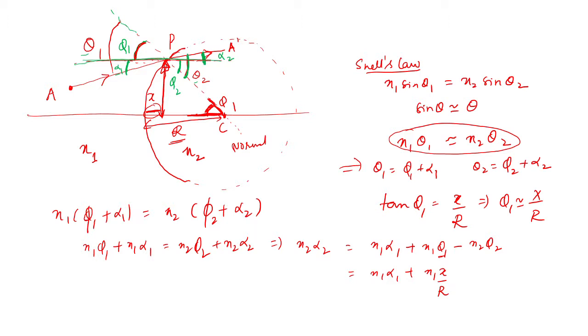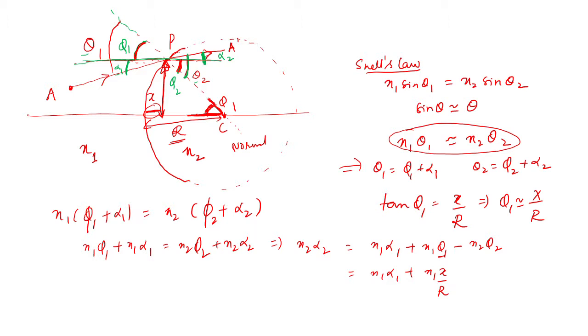And we can make another approximation here: if I look at phi 2, that should also be the same. Phi 2 is also the angle between the horizontal and the normal.